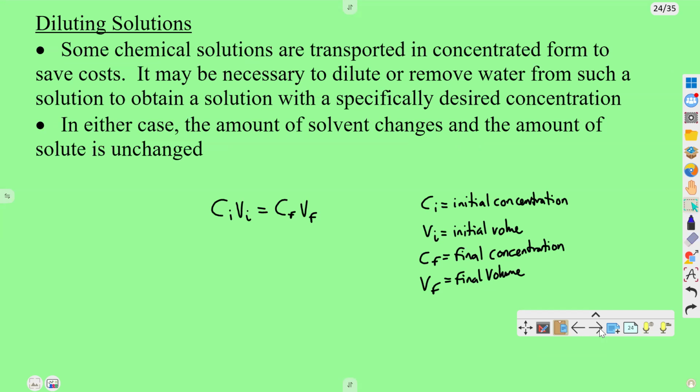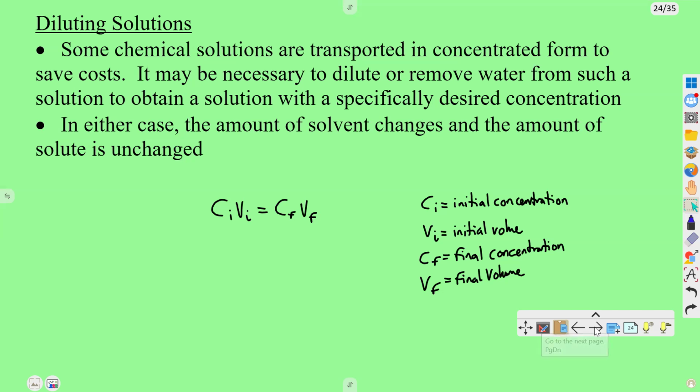Basically, to get the desired concentration, we may want to add water to dilute it or remove water to concentrate it. In either case, the amount of solvent changes and the amount of solute does not.